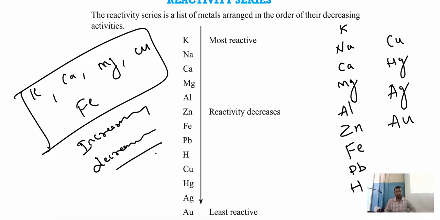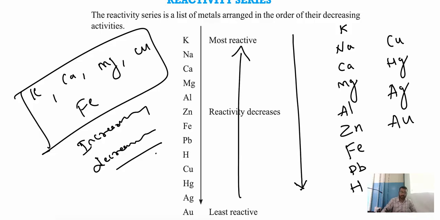Can you see this? As the metal goes from most reactive to least reactive down the series, that is decreasing order. If you go up the series, increasing order. From less to more, increasing order. From more to less, decreasing order. And the center one is what? H. H is the center.